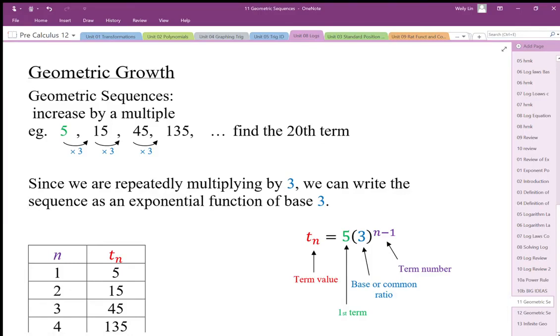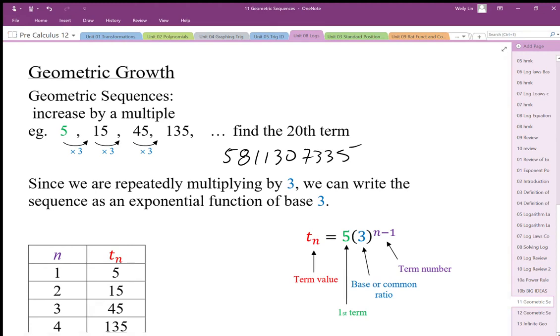And it's going to be, wow, it's going to be huge. It is 581130735.